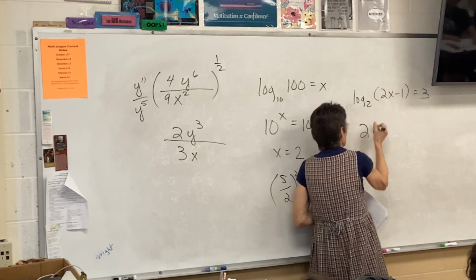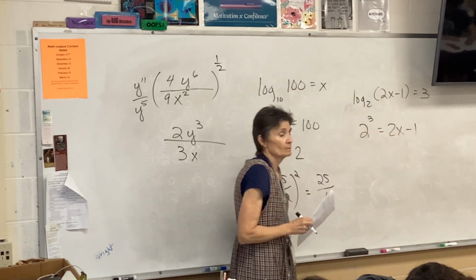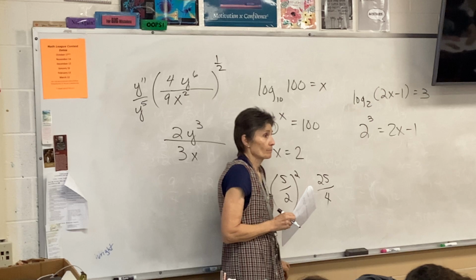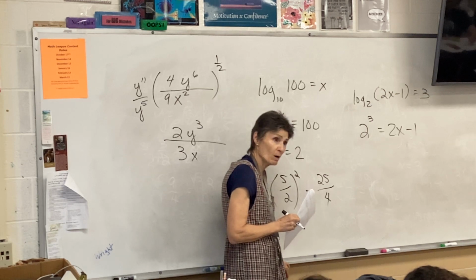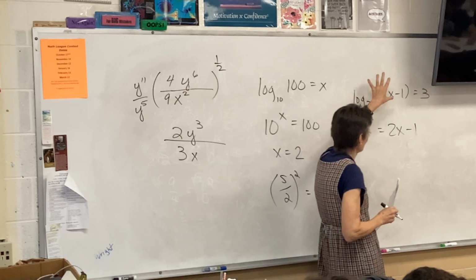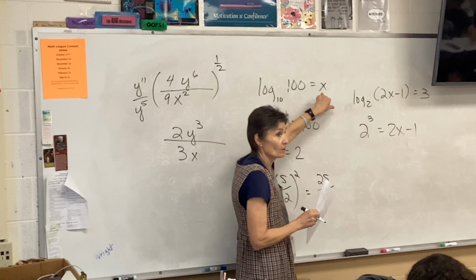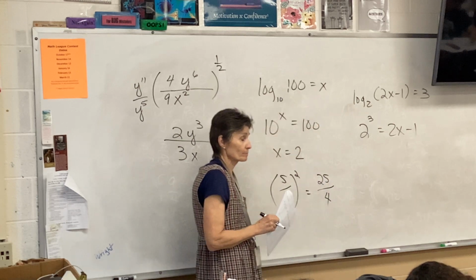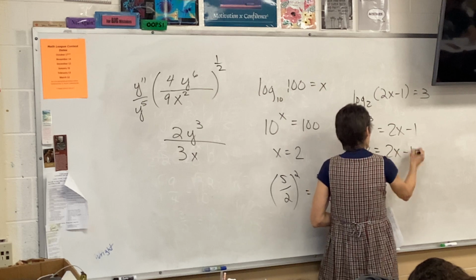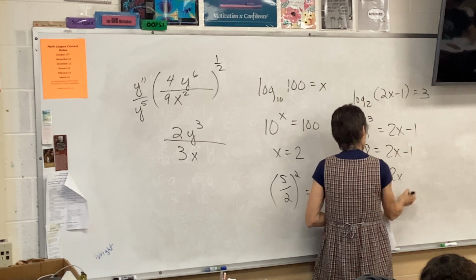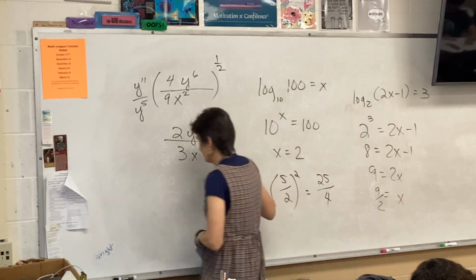So this is going to be 2 cubed equals 2x minus 1. You're going to log roll a lot on your test, so make sure you know anytime you have log equals number, you're going to log roll it. So 8 equals 2x minus 1, 9 equals 2x, and it looks like x equals 9/2.